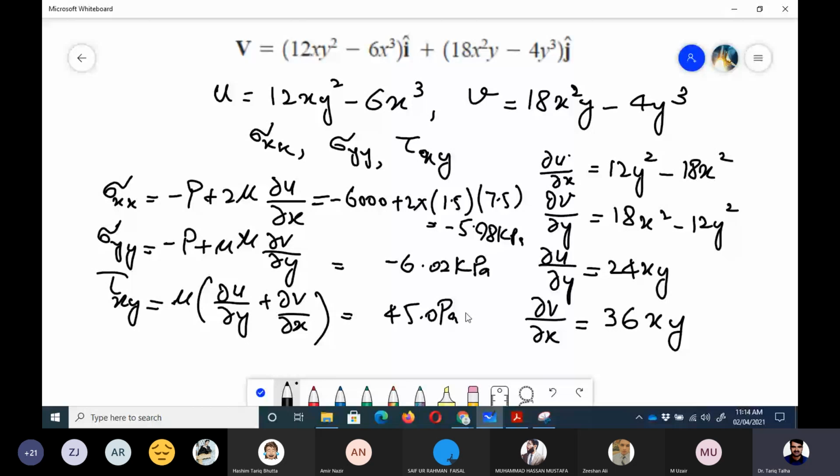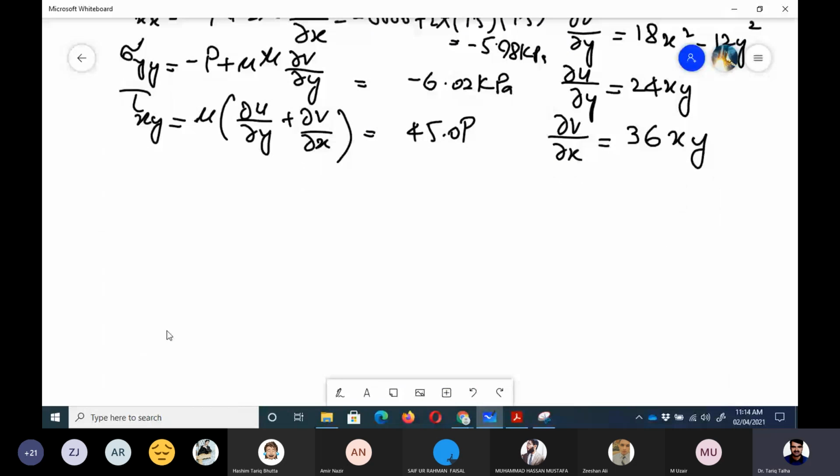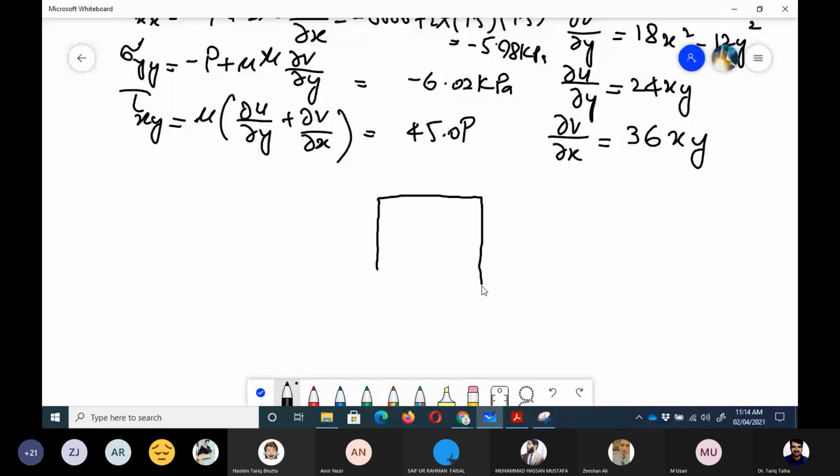Now tell me how to show these stresses on a cube, on a two-dimensional element. If we want to show it on this two-dimensional square element, sigma xx value is minus 5.98, and minus means that it is not a tensile stress, but a compressive stress.